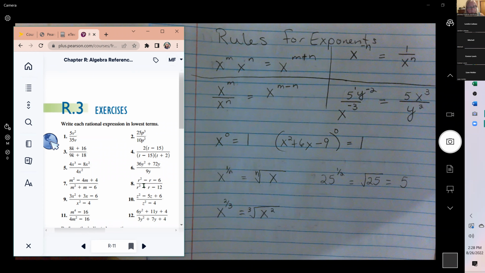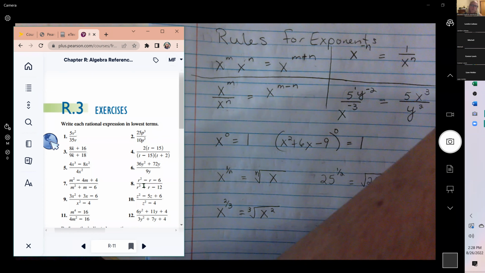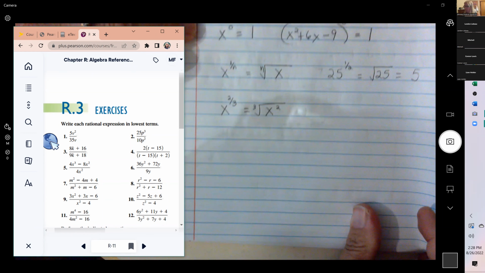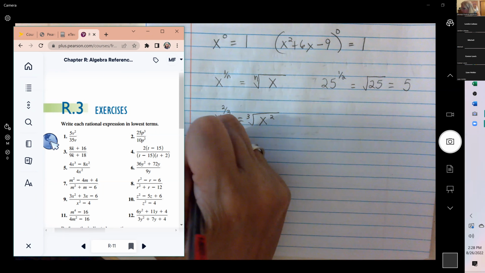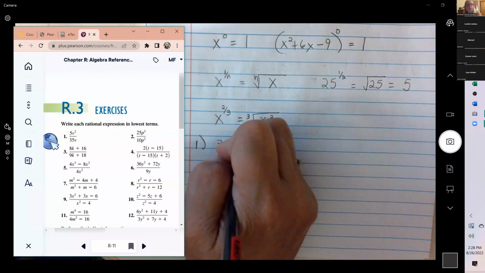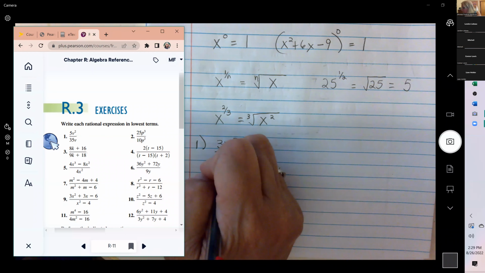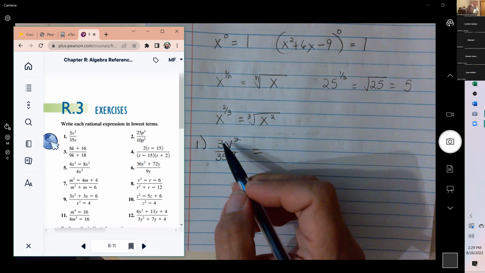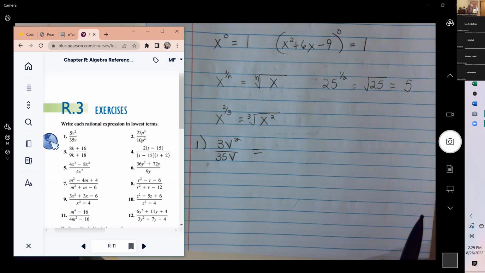Okay, so we'll try number 1. Now, if 3 and 35 could reduce, you would, but 3 won't go into 35, so it doesn't reduce.